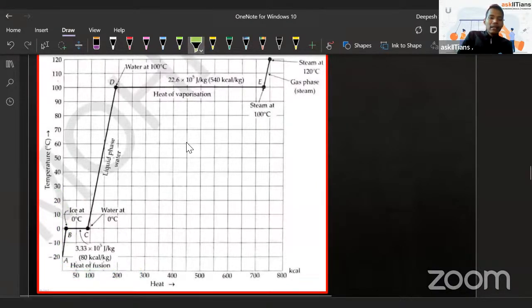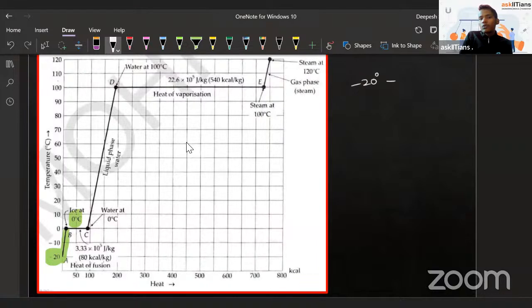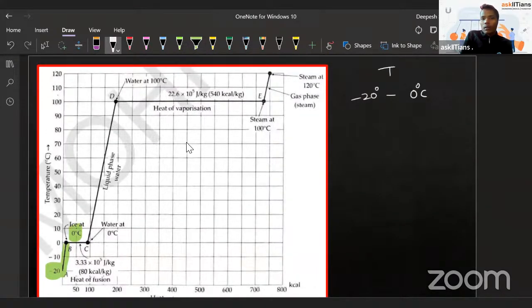By increasing heat, temperature is also increasing from region A to B. So you can say you took ice from minus 20 degrees Celsius to 0 degrees Celsius. And this is what is happening for ice.